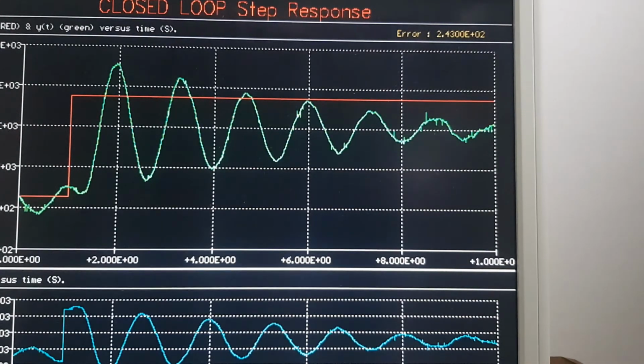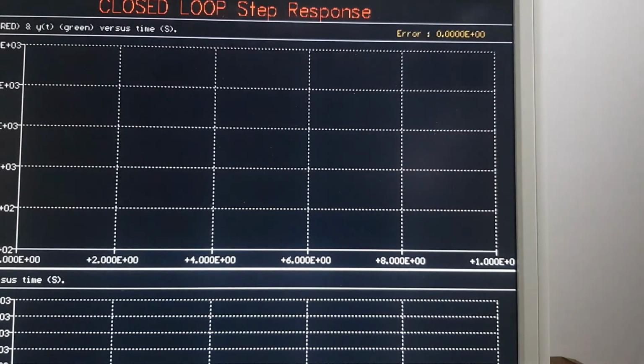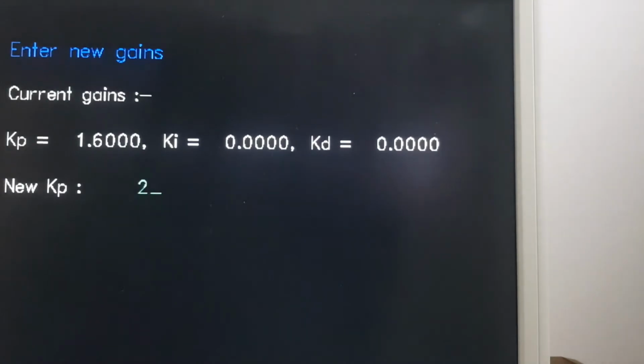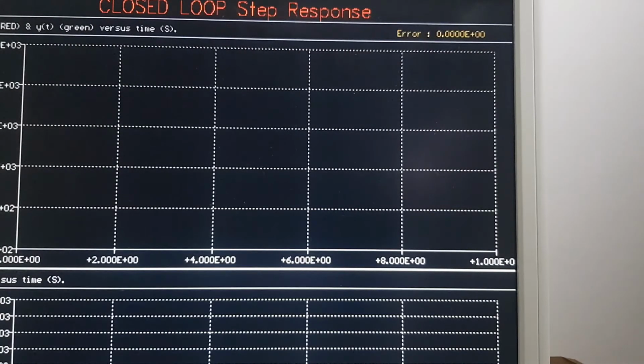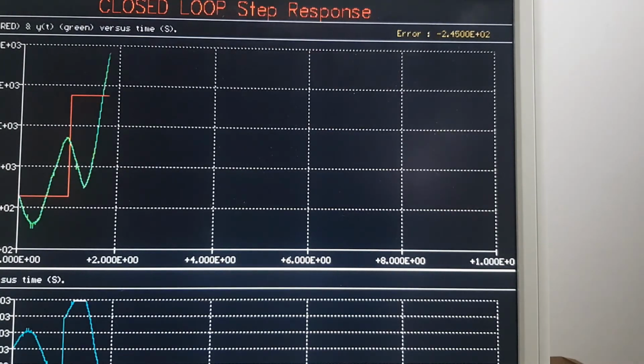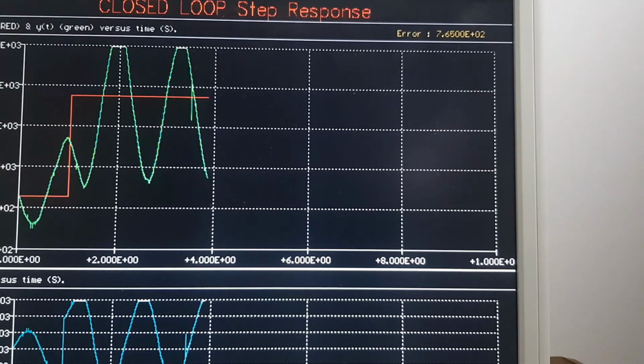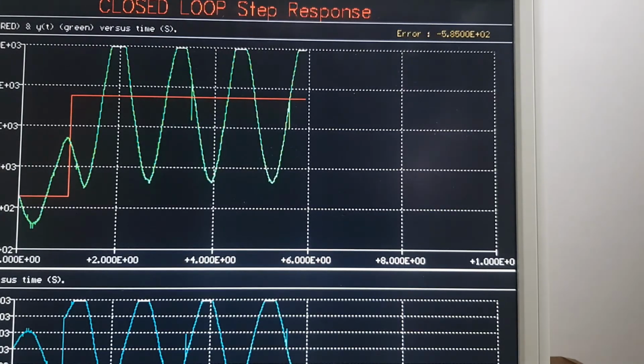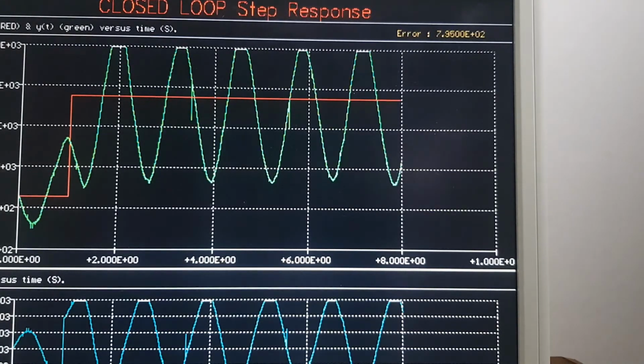If we keep the gain going a bit more, up to, let's say 2, then what will happen is it'll start to exhibit what's called a marginally stable response. This is where it basically oscillates like a sine wave.